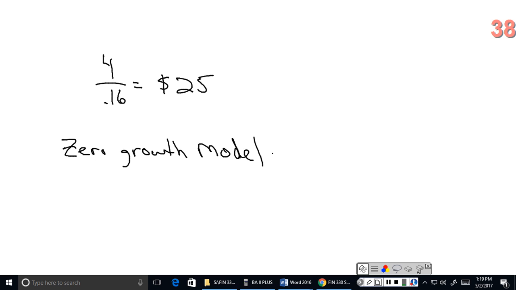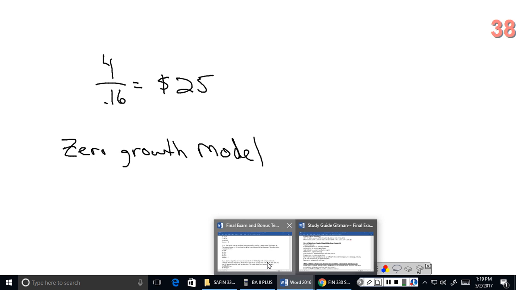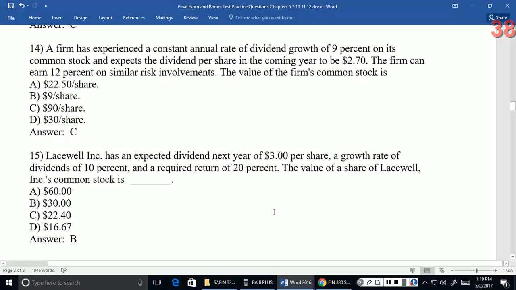Okay, number 14. It says a firm has experienced a constant annual dividend growth of 9% on its common stock and expects the dividends per share in the coming year to be $2.70. The firm can earn 12% on similar risk investments.